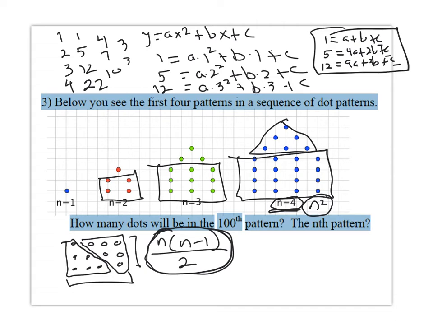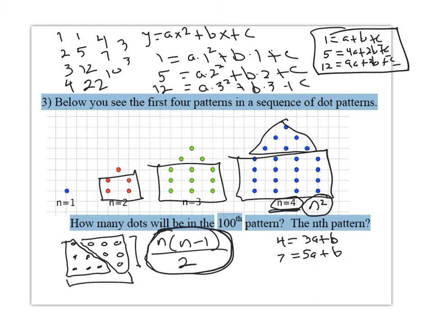So if we subtract the second equation minus the first equation, we're going to get 4 is equal to 4a minus a, or 3a, and 2b minus b, or just plain b. Then when we subtract the third equation minus the second equation, we get 12 minus 5, or 7, is equal to 9a minus 4a, or 5a, plus 3b minus 2b, or just plus b.